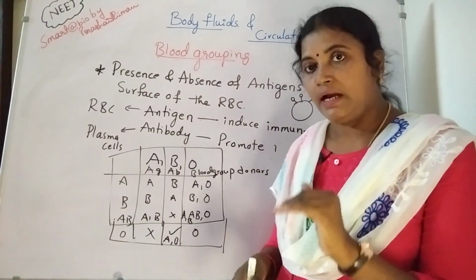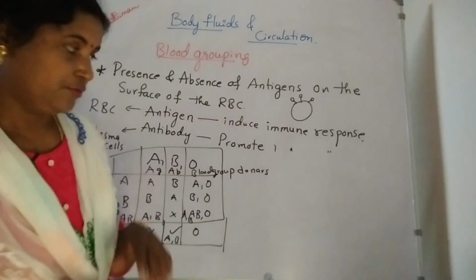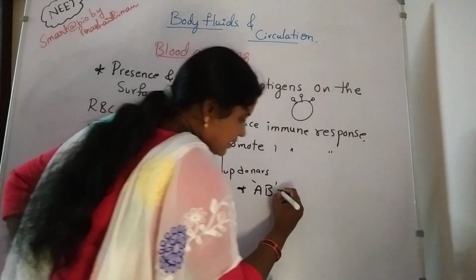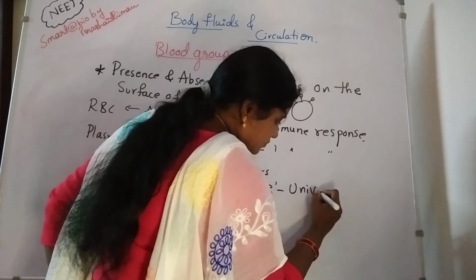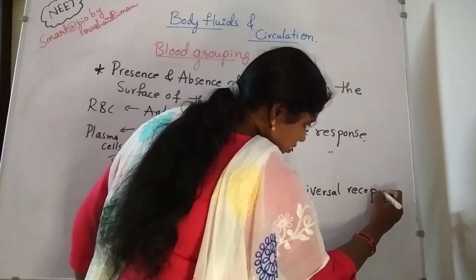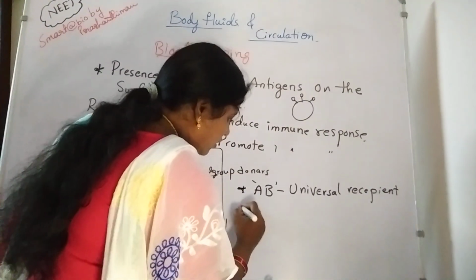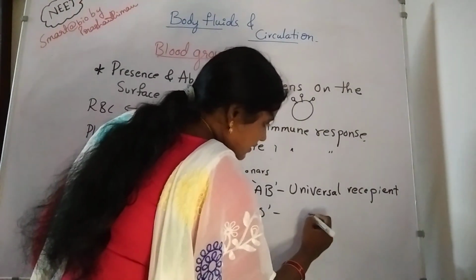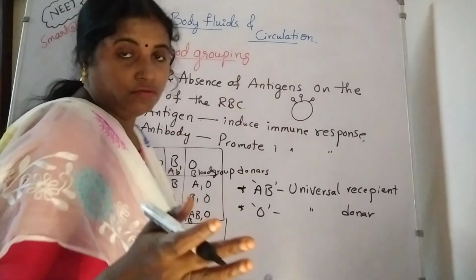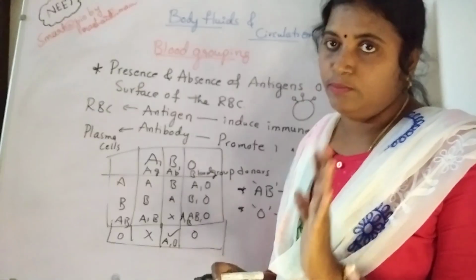So here we have 2 very important points. AB blood group is considered a universal recipient, means he can take any blood group person's blood. And O blood group is considered a universal donor, he can donate blood to all the types of blood groups. So this is about the ABO blood grouping.